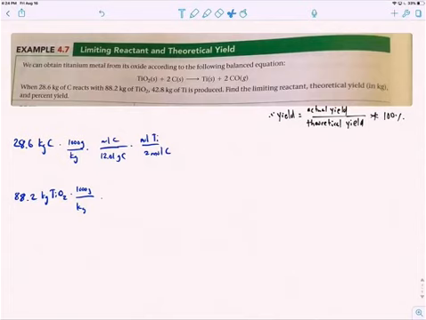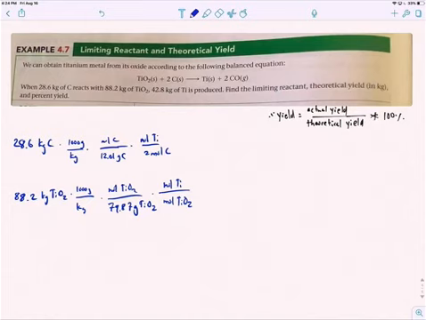And my unit's in the wrong place. Sorry about that. Moles TiO2, and TiO2 is 79.87 grams TiO2. And this is moles titanium to moles TiO2.